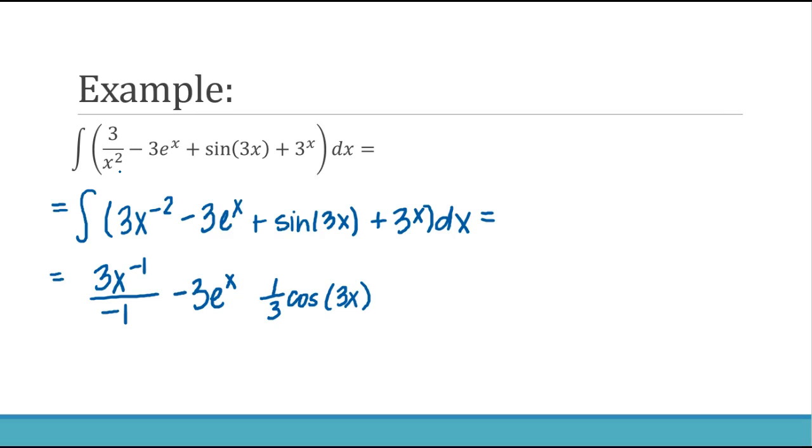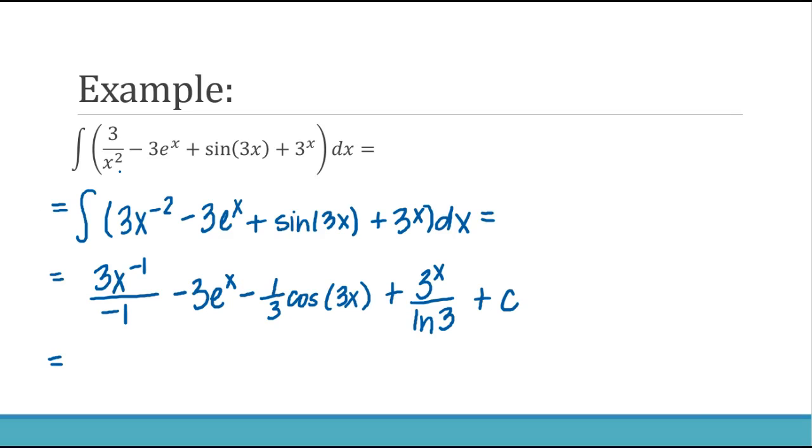So if I take the derivative of cosine, I'm going to get a negative, so that means I have to have a negative here to cancel that out and get me back to this positive sine 3x that I want. So we're going to have negative 1/3 cosine 3x, plus this exponential is 3 to the x over natural log of the base, natural log of 3, plus c.